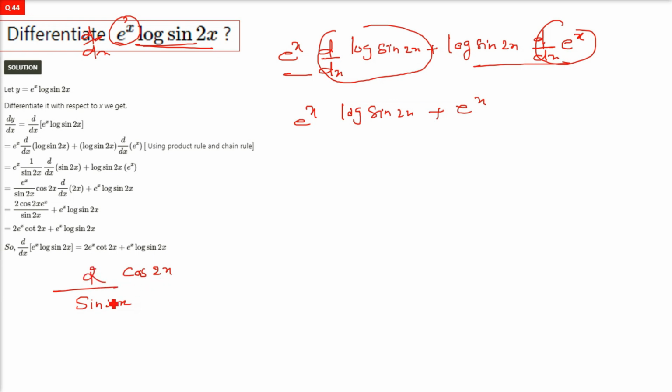Differentiation of 2x is 2. So this is 2 cos 2x by sine 2x, and cos theta by sine theta is cot theta. So you can just write it as 2 cot 2x. This was the first term, and this is the second term.